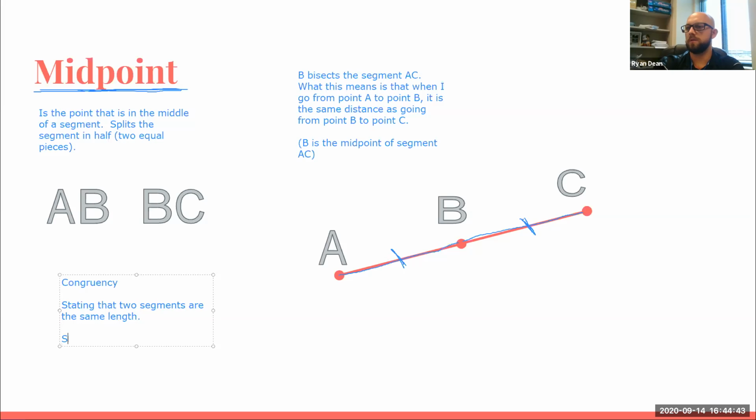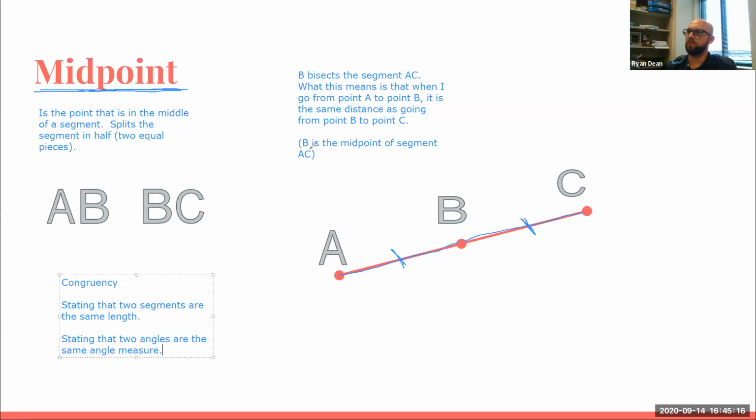We could also use it to state that two angles are the same angle measure. So congruency plays a role in the sense that it shows that two things are the same. So the same would be same size and same length.